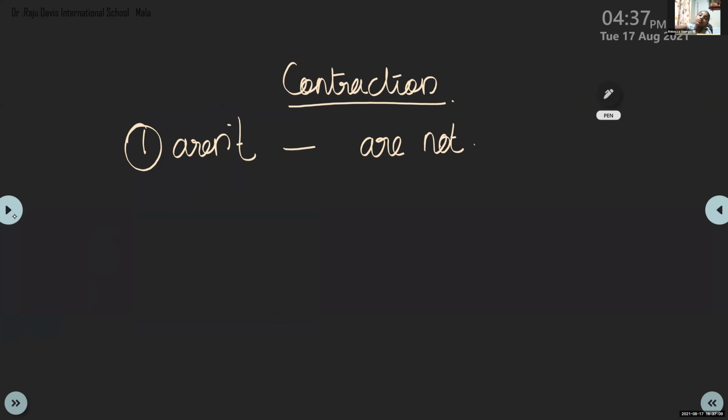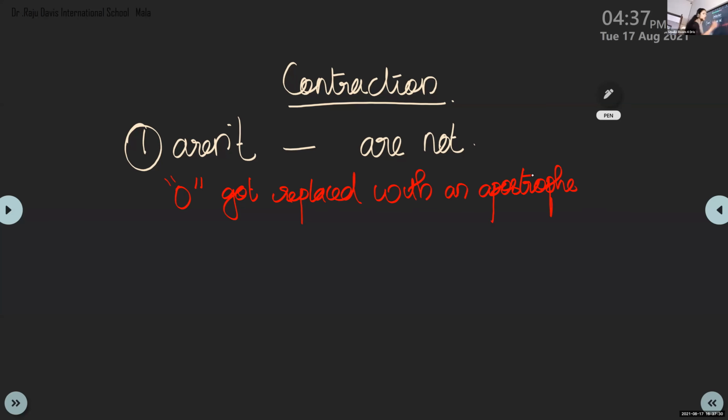O got replaced with an apostrophe here, right?